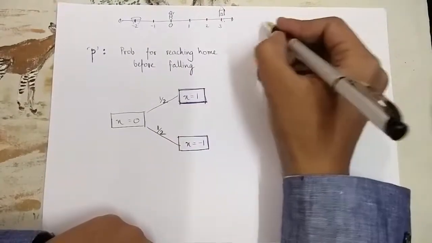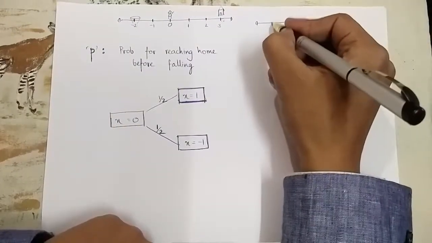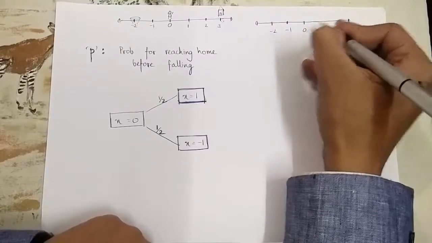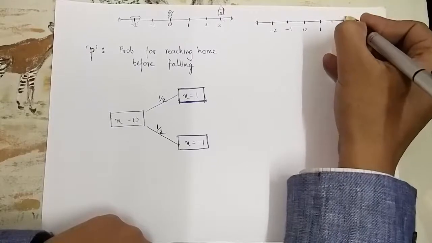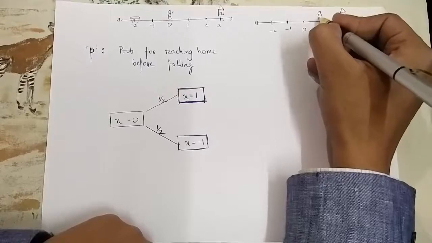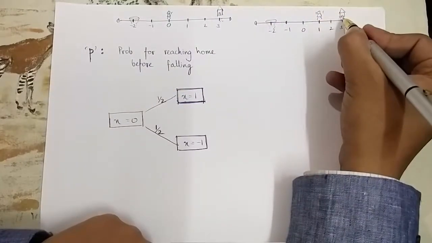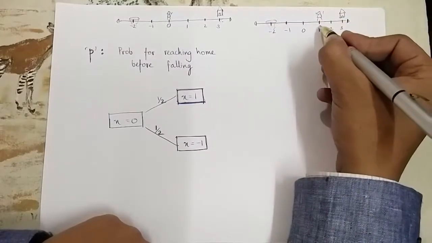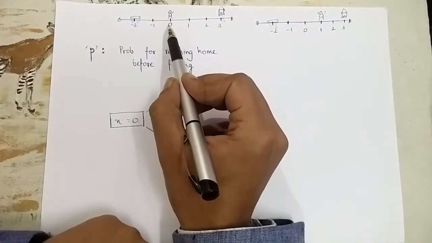Once Euler reaches x = 1, a very interesting thing happens. A symmetry is achieved. The symmetry is that now what we need to find is the probability of reaching 3 before reaching -2 from 1, which is exactly symmetric to the situation over here.